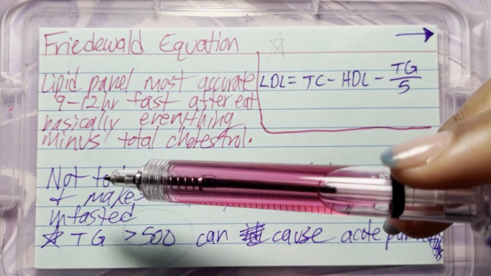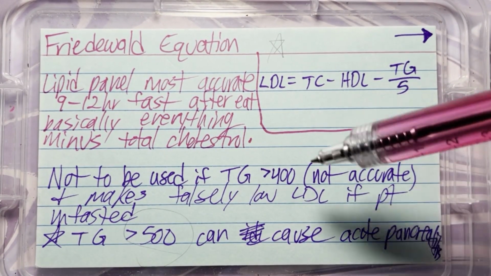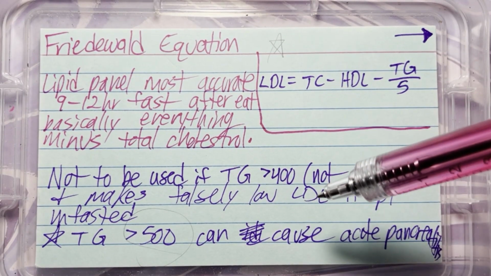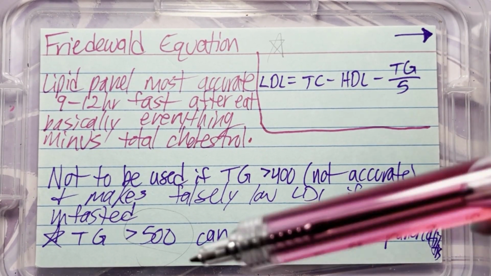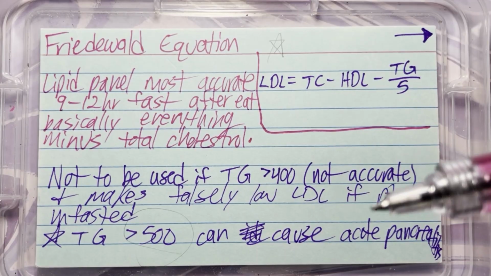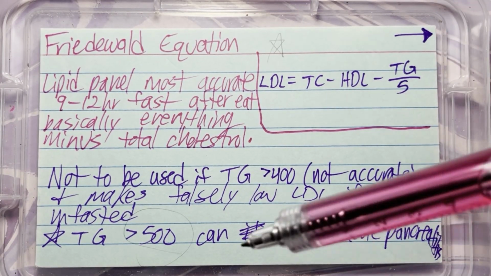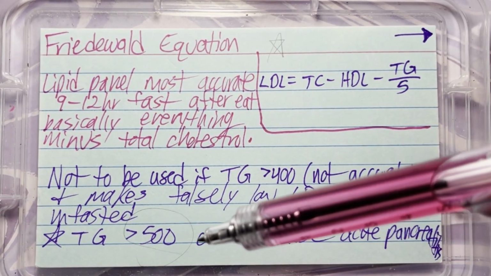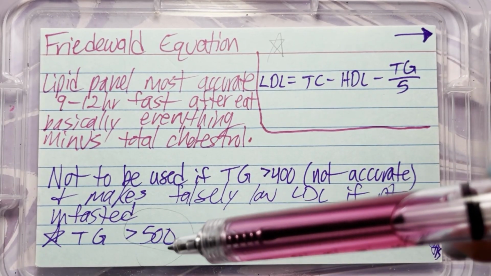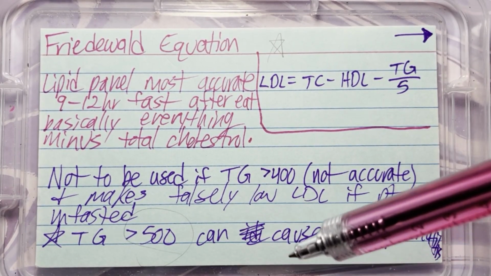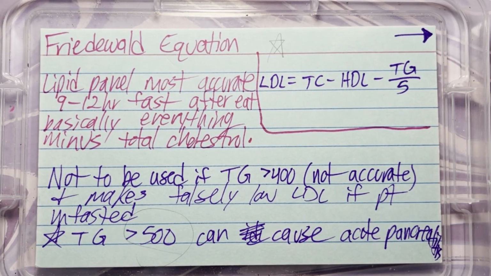This is not to be used at all if the triglycerides are greater than 400, because it's not accurate. And it'll make your LDL falsely low if the patient is unfasted. Just a little tidbit, if your triglycerides are greater than 500, it can cause acute pancreatitis.